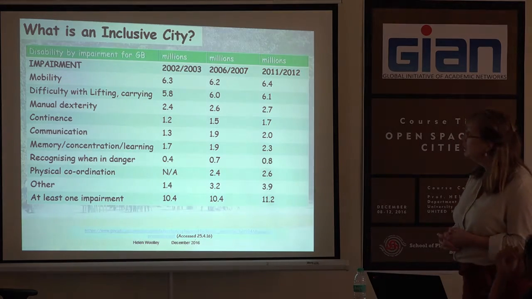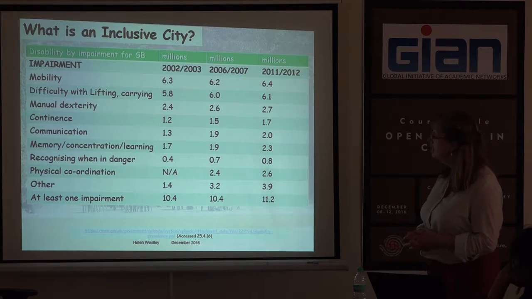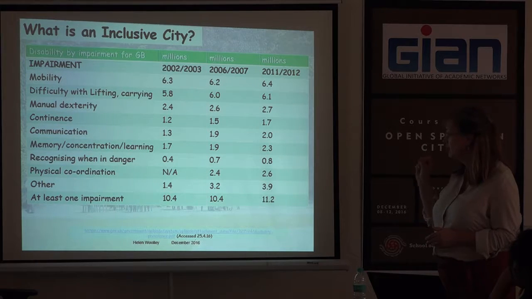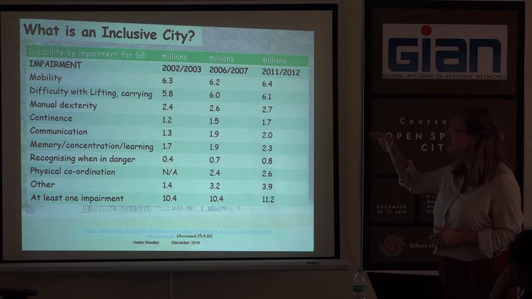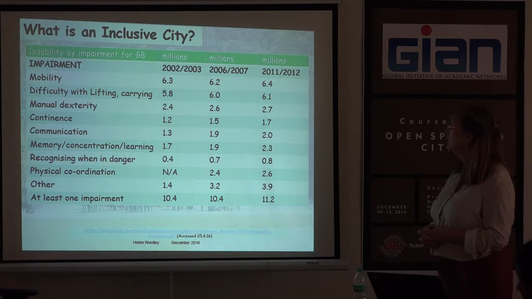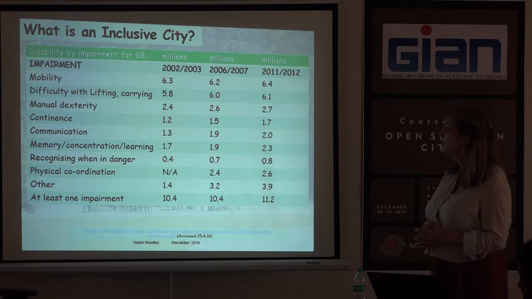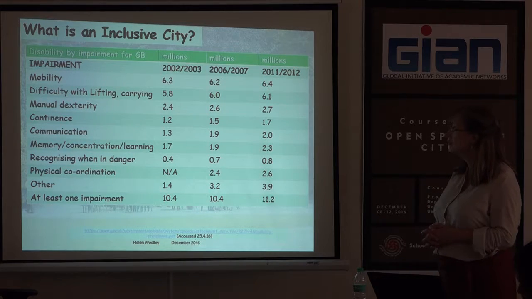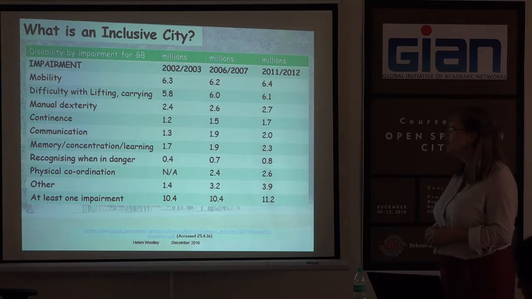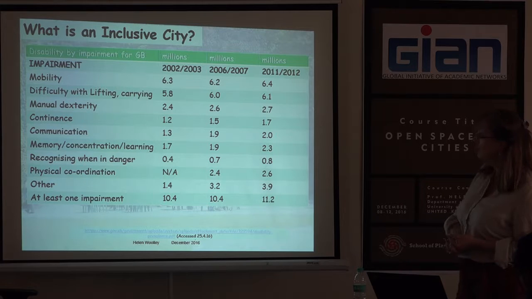So, in thinking what is an inclusive city, in the UK we have broken down those numbers into the different types of impairments that people might experience. So mobility is the largest number, and then some people have difficulty with lifting and carrying. Some people have manual dexterity problems. Some people have problems with continence, with their digestive system.